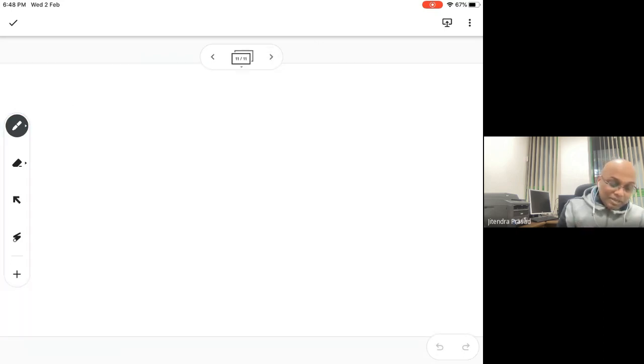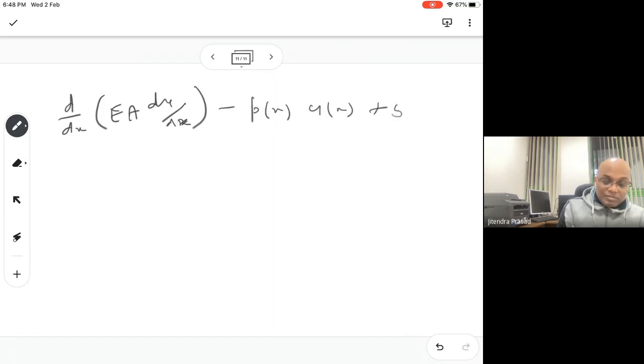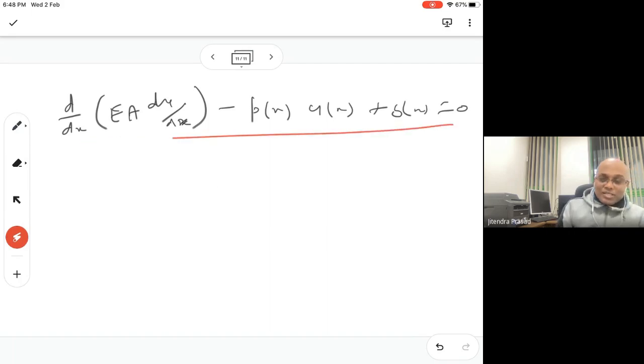The final form will be d over dx of EA du over dx, minus p_x u_x plus b_x equal to 0. And the question says you also find out the weak formulation of that. So how will you do it?